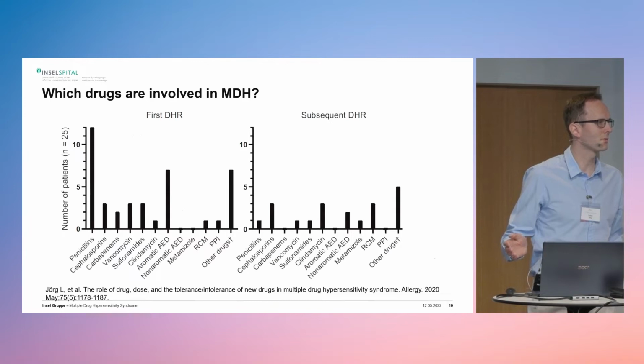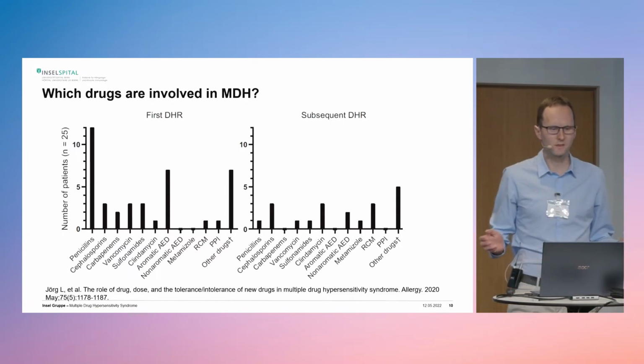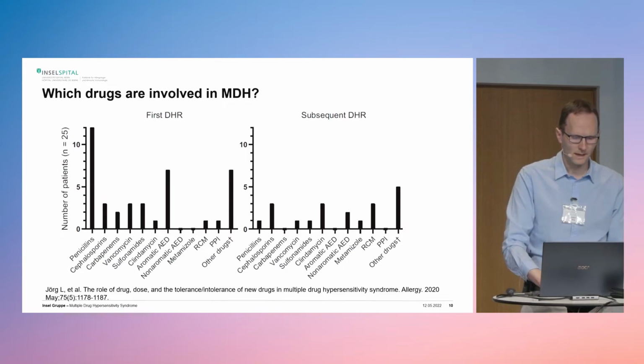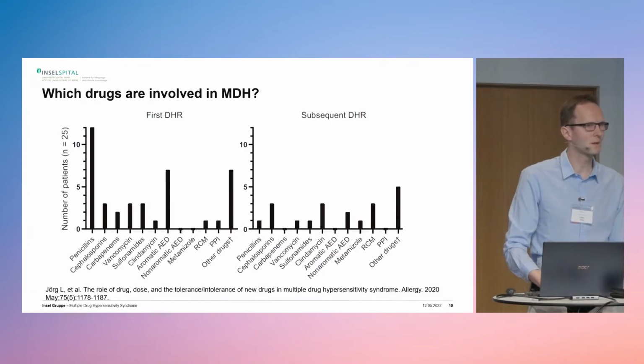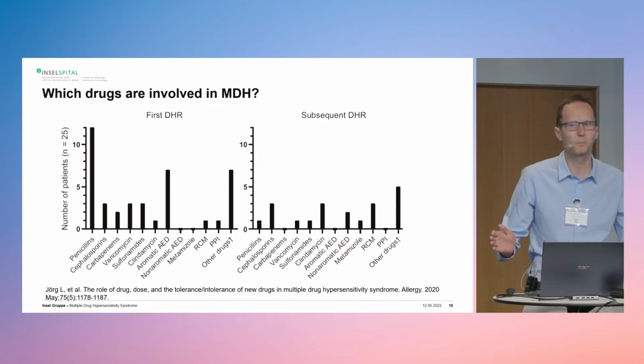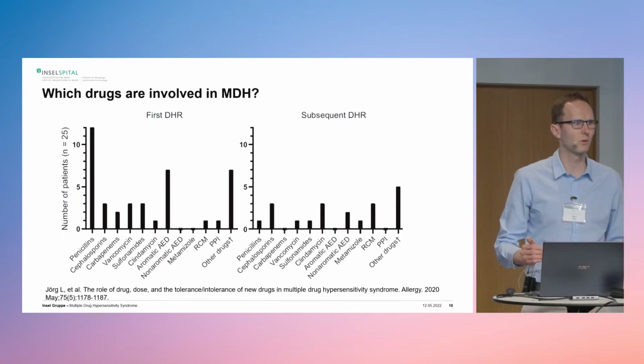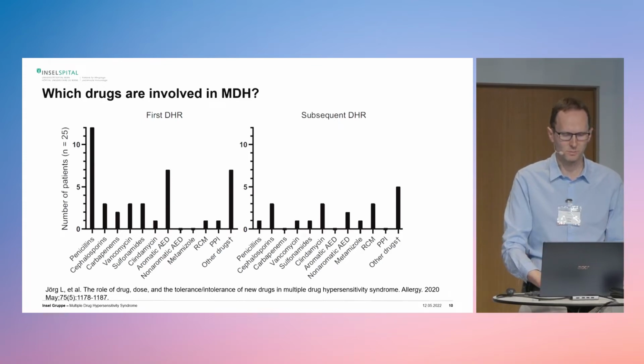Which drugs are involved in MDH? Typically DRESS triggers like antiepileptic drugs, vancomycin, sulfonamides, and there is one peak, and it's interesting in Switzerland. In Switzerland, penicillins and in general beta-lactam antibiotics are the drugs that are most often involved in DRESS and in multiple drug hypersensitivity reactions.